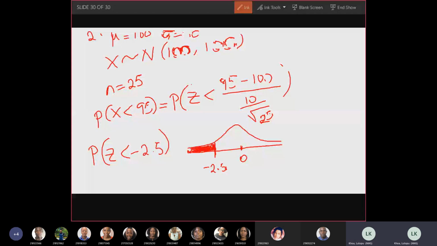We want this area over here, negative 2.5, but our table is only giving us this reading of 2.5 like that.